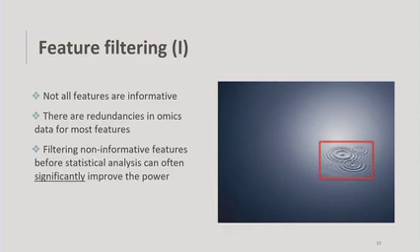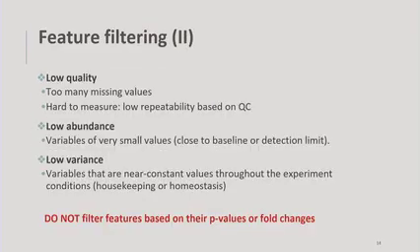If we filter out low quality or non-informative features before the statistical analysis, we can greatly increase our power. There have been papers that have shown that you can throw away up to 50% of your features without decreasing the number of significant metabolites that you detect, or without throwing away much true signal, but you're increasing your statistical power. And I'll explain why when I talk about hypothesis testing in a little bit.